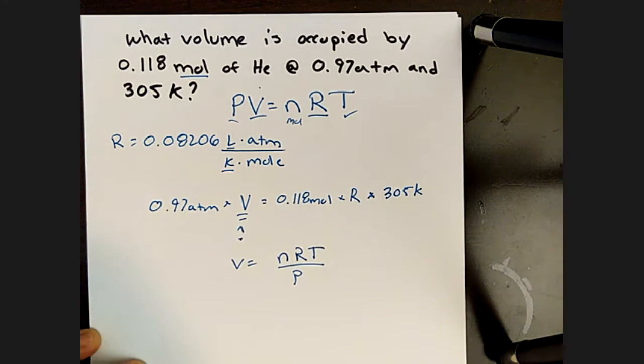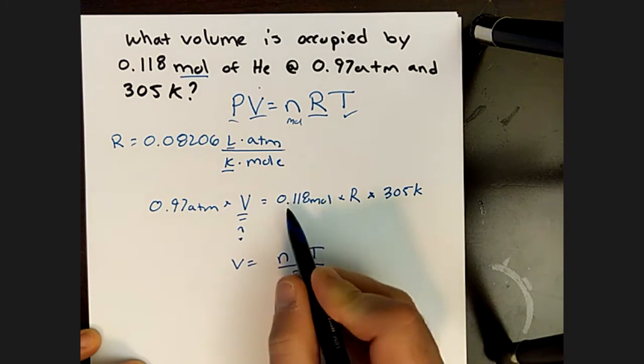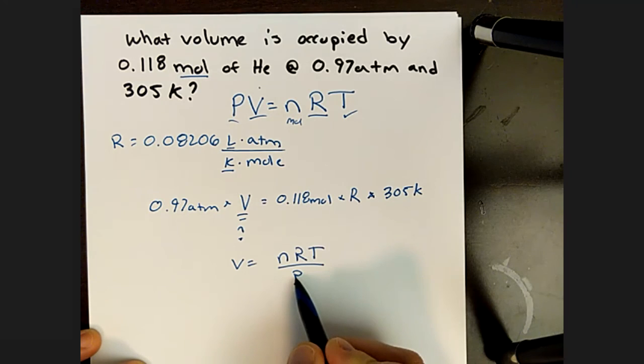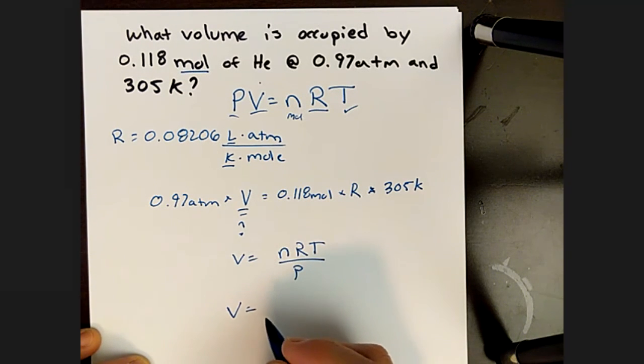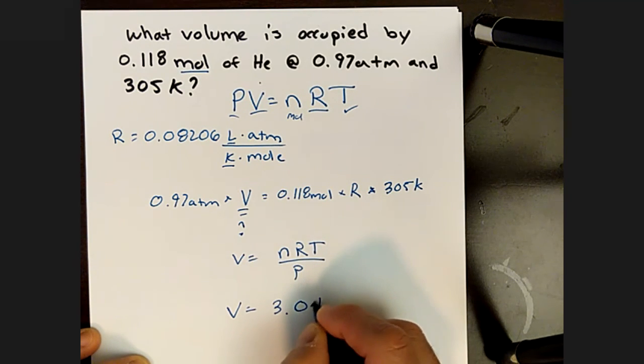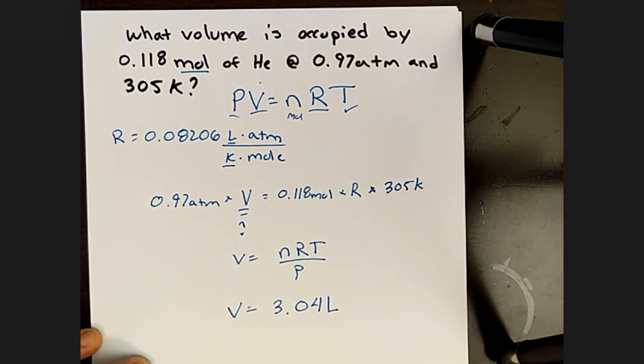We're just going to bring our pressure over, multiply our top terms, and divide by our pressure. And so my volume comes out to be 3.04 liters. When it comes out, it will be in liters, because it's driven by the R value.